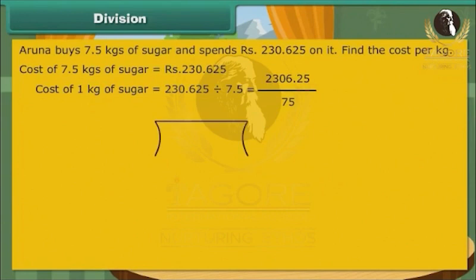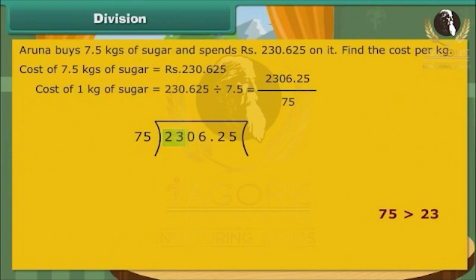Now we divide 2306.25 by 75. Write the two numbers down as shown. Take the first two digits of 2306.25 together, that is 23. 23 is too small to hold 75.